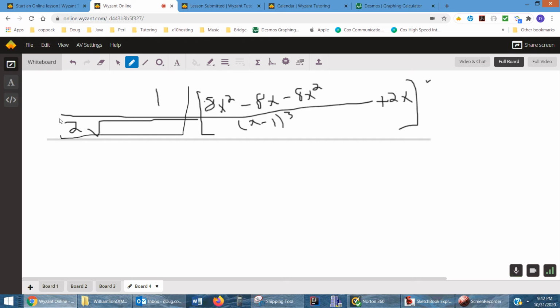This part, in the end, we're going to ignore because this part will never equal 0. I'm going to set it equal to 0, and this part will never equal 0 because there are no variables in the numerator.